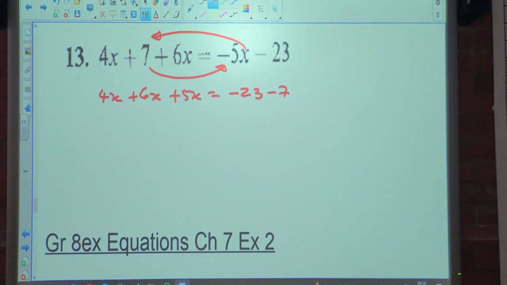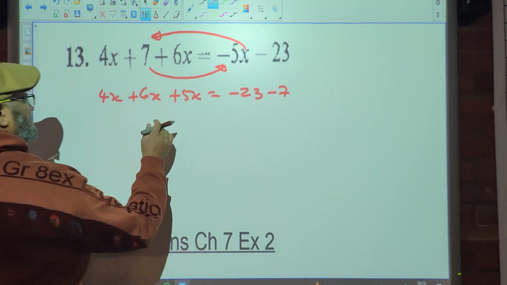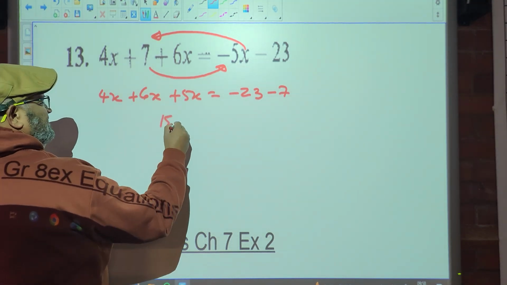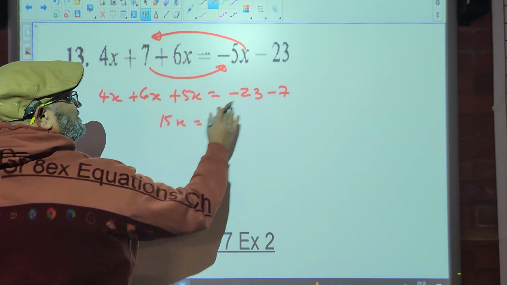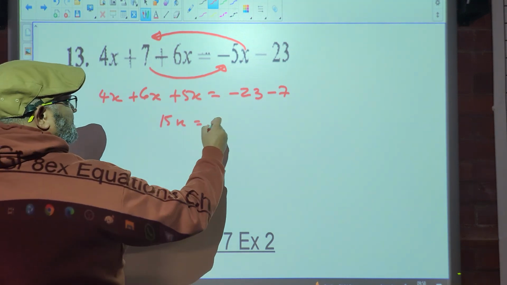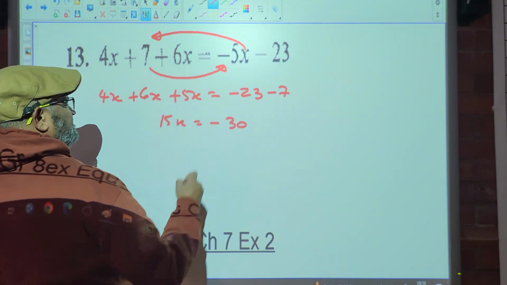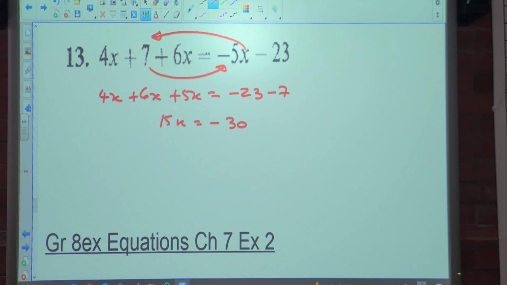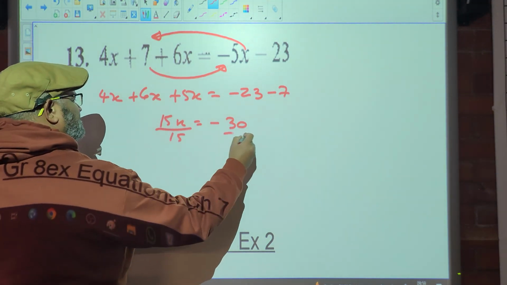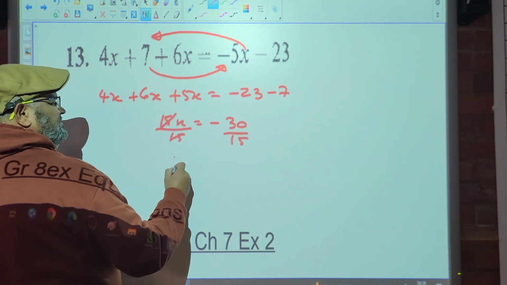What is 4x plus 6x? 10x plus 5x, 15x is equal to negative 23 minus 7. Negative 30. How do I get x on its own? Divide by 15 both sides. That cancels.